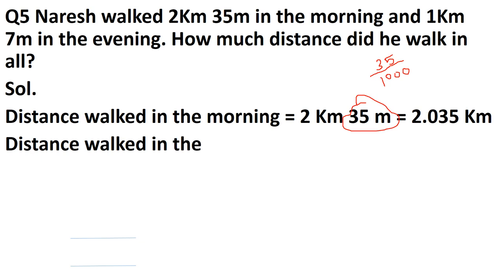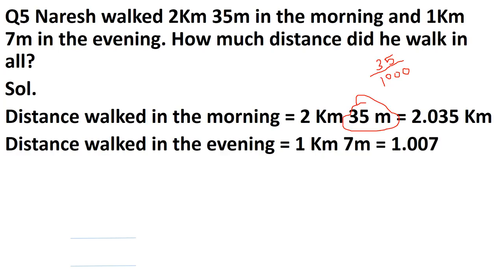Distance walked in the evening. How much distance he walked in the evening? 1 kilometer 7 meter, which is equal to 1 decimal 007 kilometer. Now see how we have done this. 7 meter into kilometer. How we have done? 7 divided by 1000.